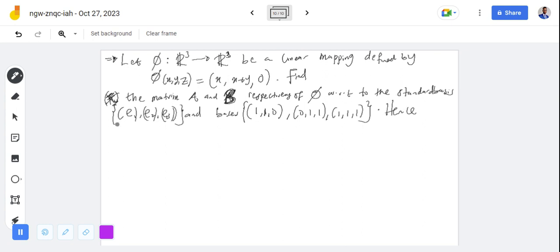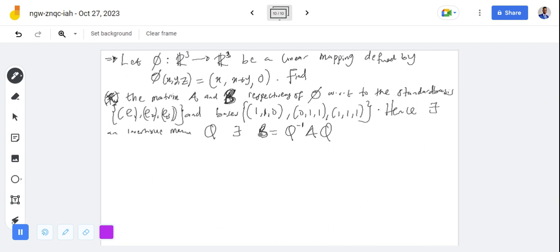Hence, they ask us to show that there exists an invertible matrix Q such that B equals Q inverse A Q. Sometimes it's Q inverse, so they ask us to use Q inverse this time around.